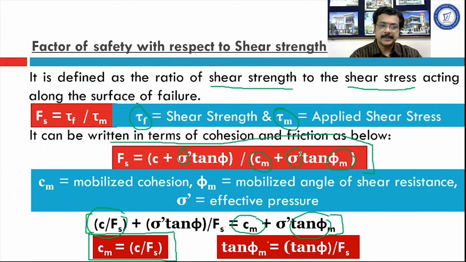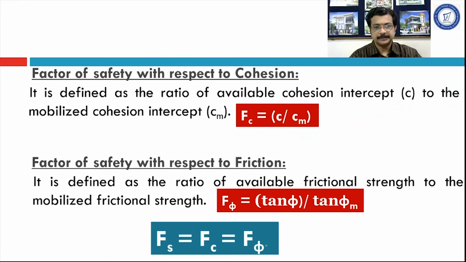If you rearrange these terms, you get the factor of safety with respect to cohesion and the factor of safety with respect to angle of friction, as mentioned in our next slide. Factor of safety with respect to cohesion is defined as the ratio of available cohesion intercept C to the mobilized cohesion intercept Cm.